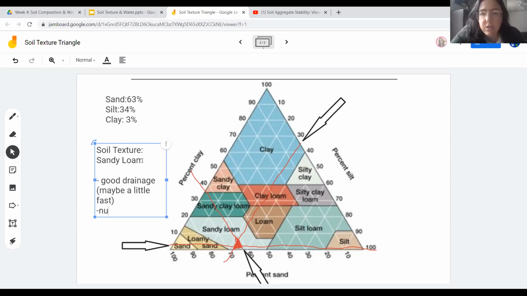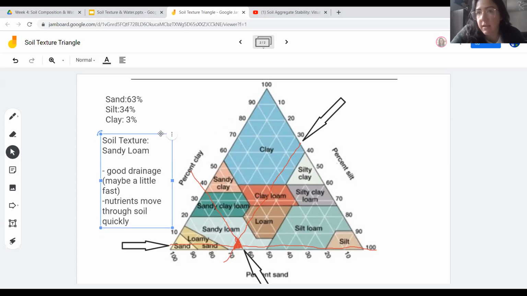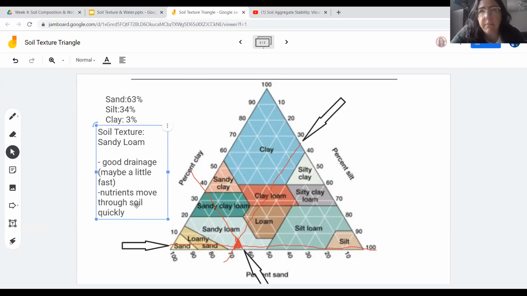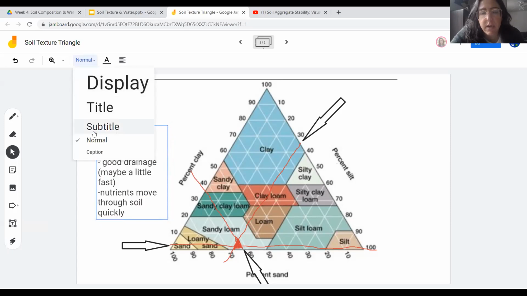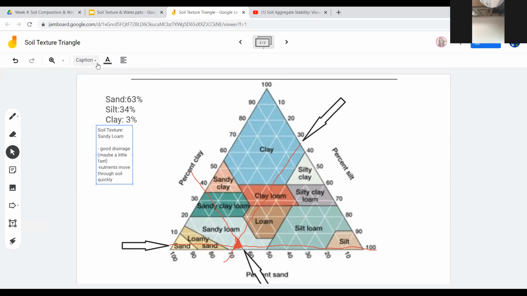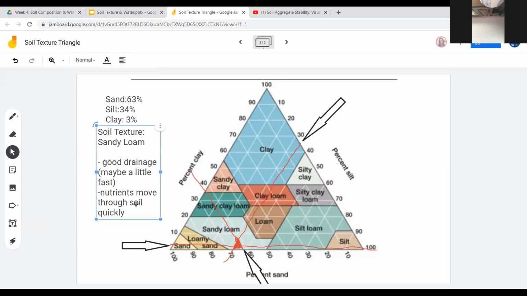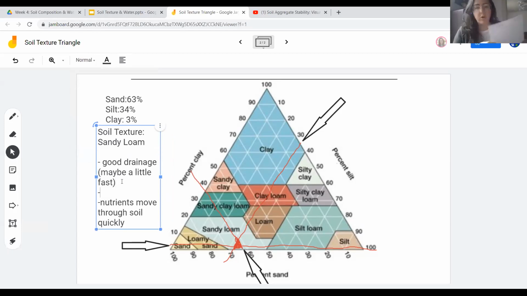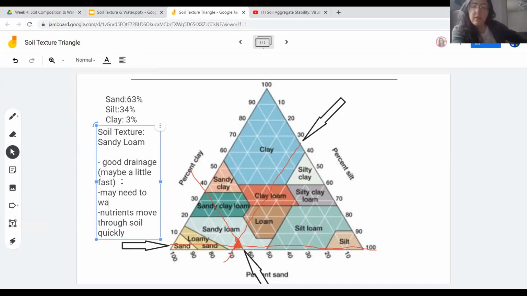Yeah, the organic material in this soil is going to move a little bit faster through the soil than I would like. And it's not going to move really fast. It's still loamy, which is a good thing. But these are just things to think about as you understand your soil texture. And you would have to water more frequently too, right? Yeah, you might have to water more frequently. You're going to want to go out and look at your soil more often than you might think, right?